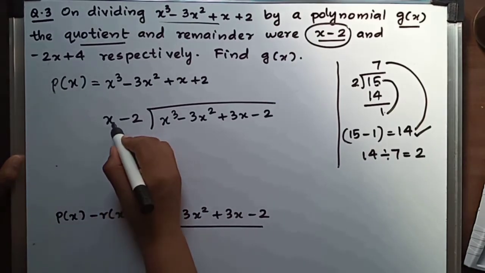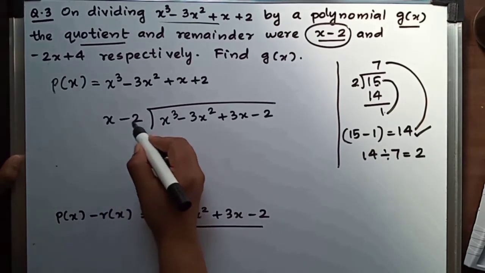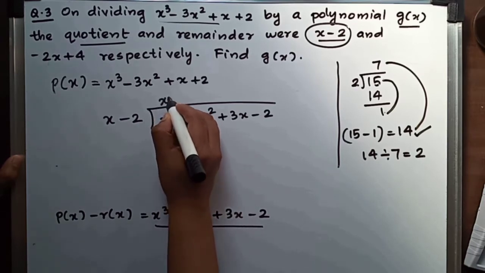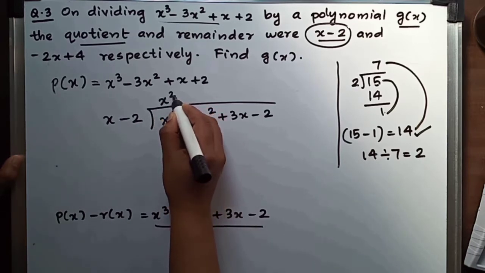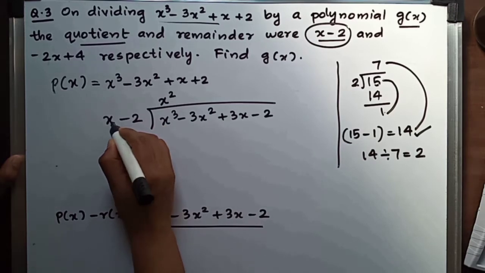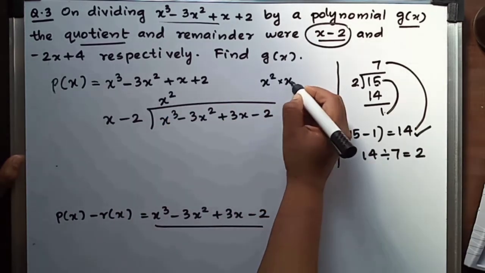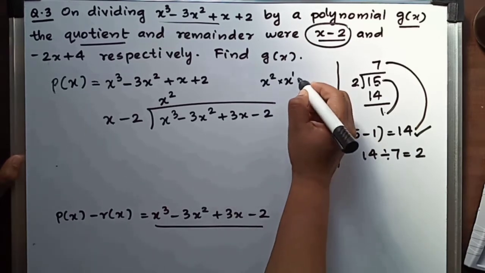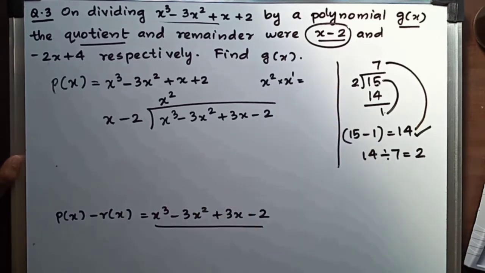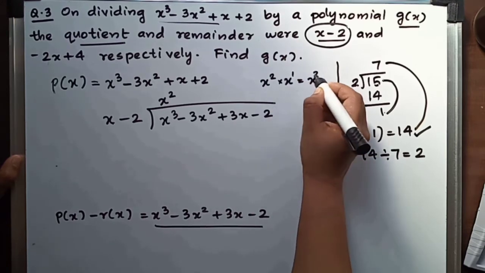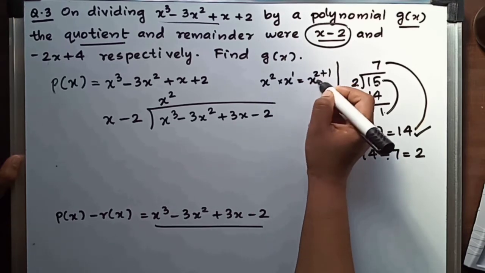Okay, here it is x and here it is x cube. So we have to multiply it by x square. x square into x, x means x raised to 1. We have learned the rules of exponents: x raised to 2 plus 1, that is x cube.